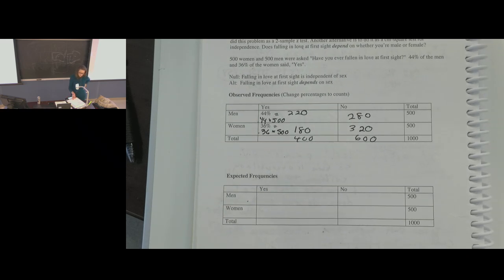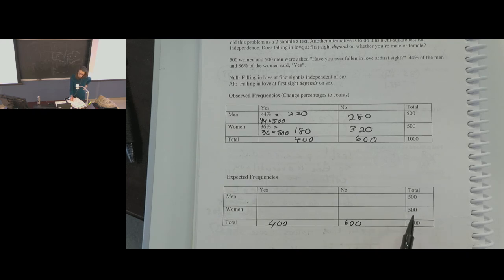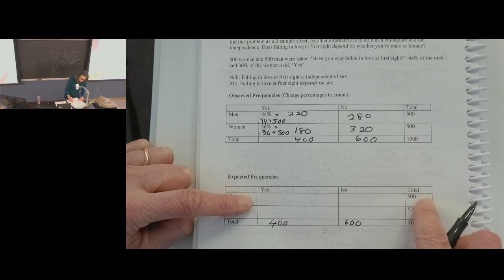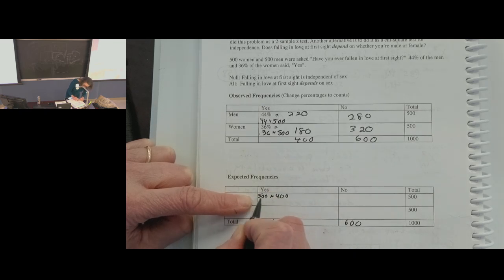Okay, so now what are we going to do? Our expected frequencies are pretty easy to figure out here because we have 400 yeses and 600 nos, and we have a 50-50 split here. We could do what we said: the row over the column, 500 times 400 over 1,000.